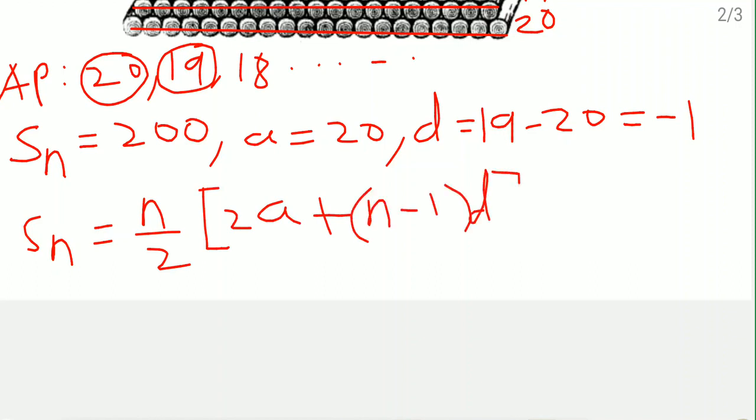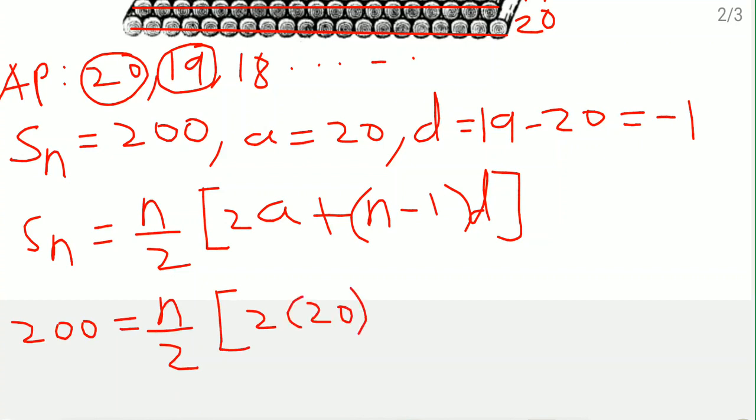Okay. So here I'll just substitute the values: 200 equals n by 2 inside the bracket 2 times the first term 20 plus n minus 1, d we know, which is minus 1.